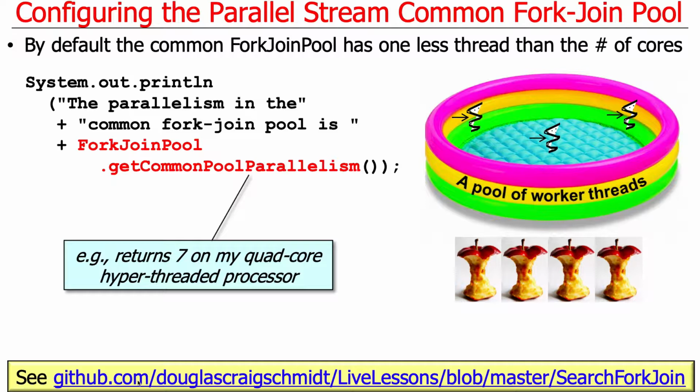It's a static method called getCommonPoolParallelism in the fork join pool. On my quad-core processor, which is hyper-threaded, so it's got two logical cores for each physical core, getCommonPoolParallelism returns 7. So obviously, the underlying system thinks I have 8 cores, even though I have 4, but they're hyper-threaded. And so it returns 7.